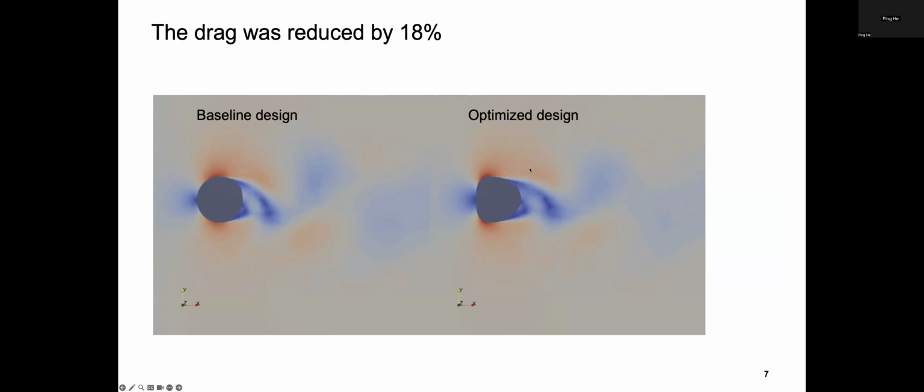And here are the optimization results. You can see that, first of all, the drag was reduced by 18%. The left-hand side is the baseline design. The optimized design creates boat-tail-like geometries to reduce the drag, which is consistent with our intuition.